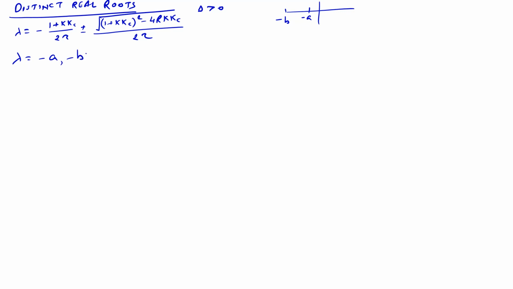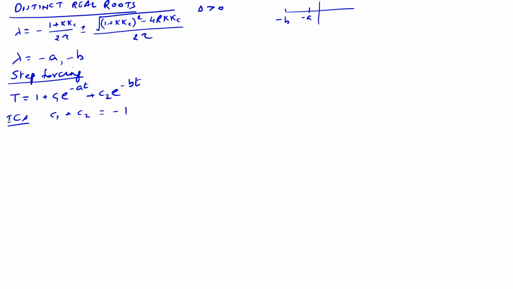Okay, now for step forcing, what you will then get is T equal to 1 plus c1 e to the power minus at plus c2 times e to the power minus bt, and the initial conditions imply c1 plus c2 should be equal to minus 1.